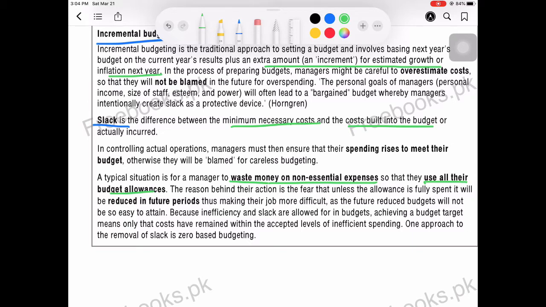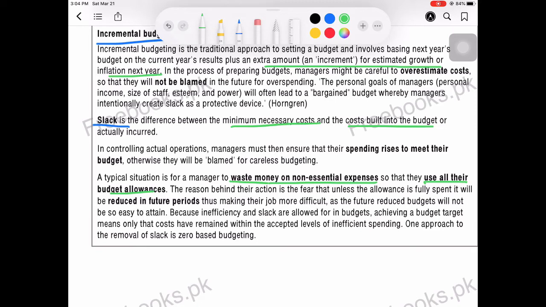Even if they have taken an extra margin, or had more money allocated this time, they want to get the same amount next time, because if in future their expenses increase, they don't have to really justify a lot to the senior management for that increase. So that's why they tend to waste it this year, so that they can get that amount again next year. This year they waste the slack money so that they can get the higher amount next year. They don't have to give much of an explanation.